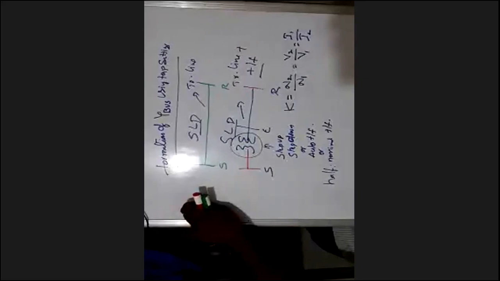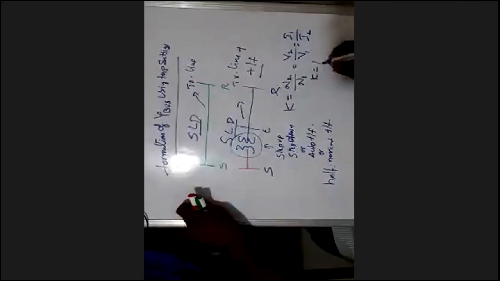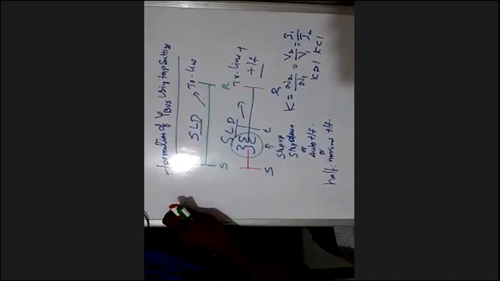So step down or step up depends upon the turns ratio. If K is less than 1, it is step down. If K is greater than 1, it is step up. Is it right?